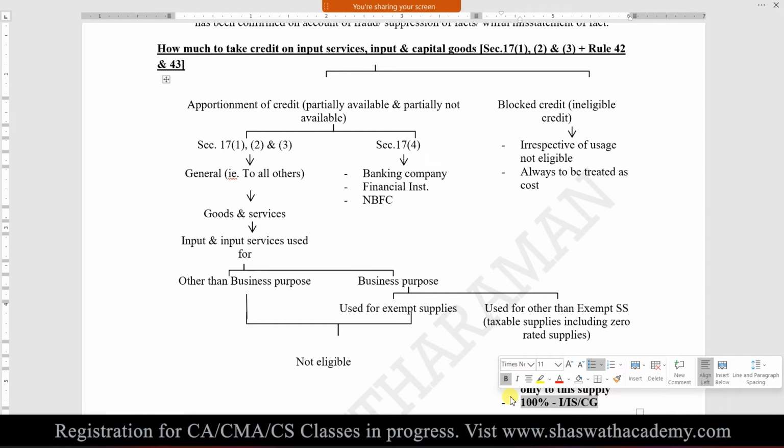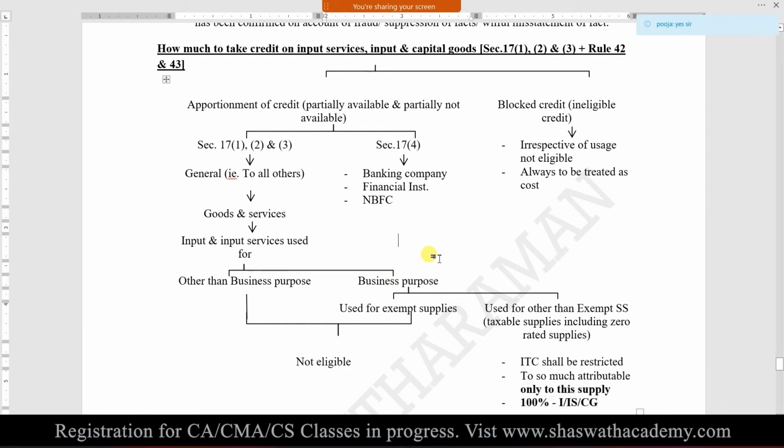Everybody? Yes, sir. See, my dear, quickly brainstorm. Take 3 to 5 minutes to brainstorm the conditions and this utility factor. My dear, with this, I would say we have come to the conclusion of the examination-oriented study of the input tax credit chapter. I am going to discuss a few of the past examination questions now, or let us take the RTP and mock test papers to check whether there are any ITC questions.